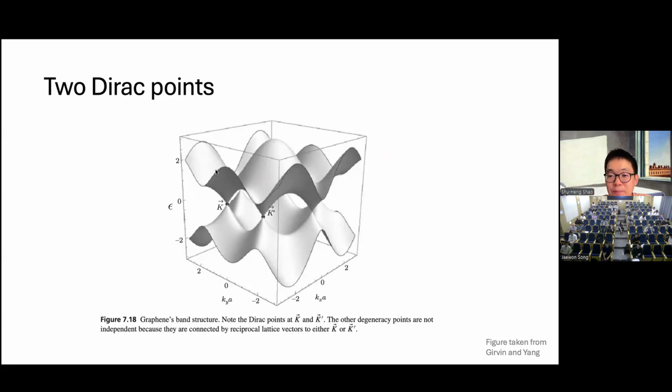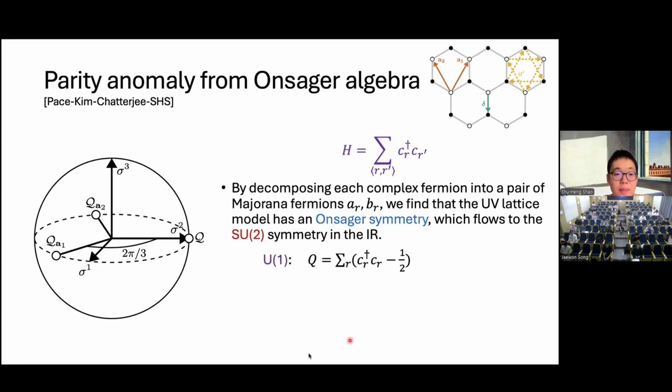There's QA1 and QA2. They also commute with the lattice Hamiltonian.